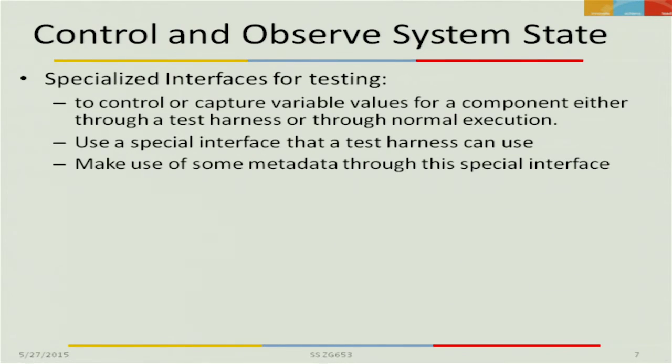This particular approach suggests that one use a special type of interface which is only used for testing purposes. It's a very special-purpose interface which a test harness can use, not normal users; it's not exposed, or it's not to be used for normal operation.